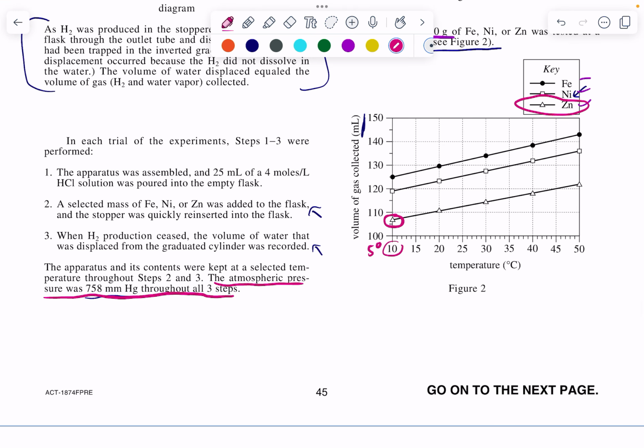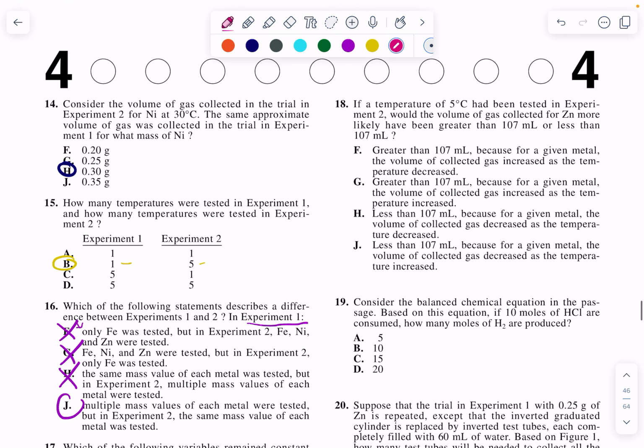So it's then safe to assume that if you were to continue decreasing the temperature, you would decrease the amount of gas produced. So we can come down here. We're going to say that it is one of these that is less.